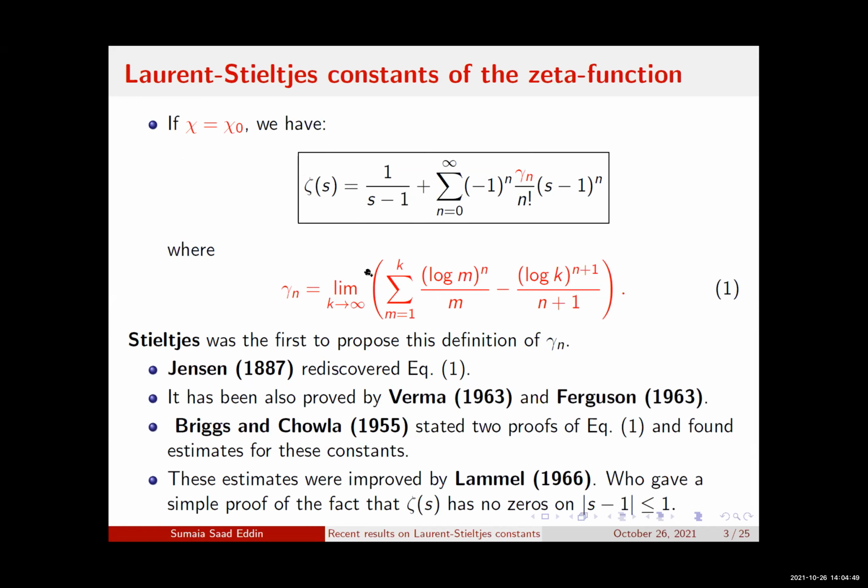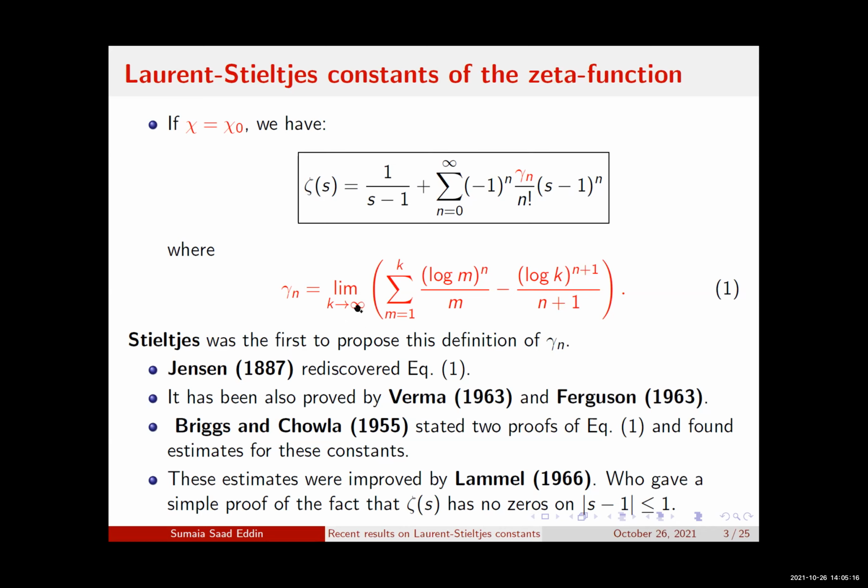This constant can be represented as the limit of the difference between this summation and this term. Stieltjes was the first who gave us this definition of gamma n. For this reason, we call this coefficient the Stieltjes constant today.